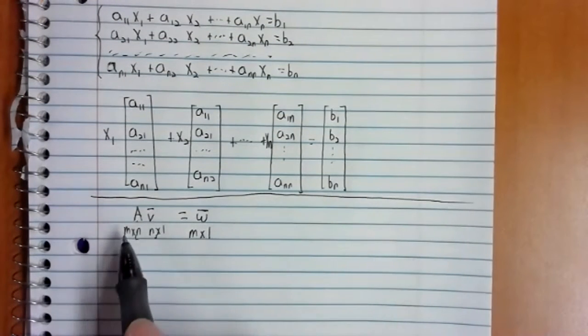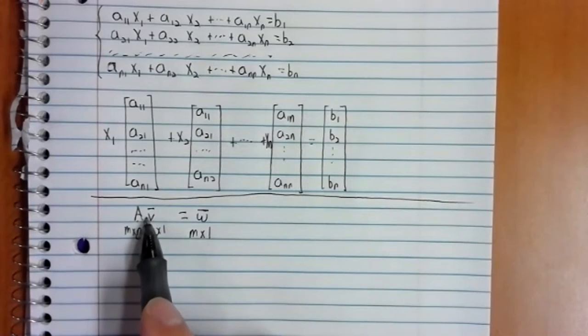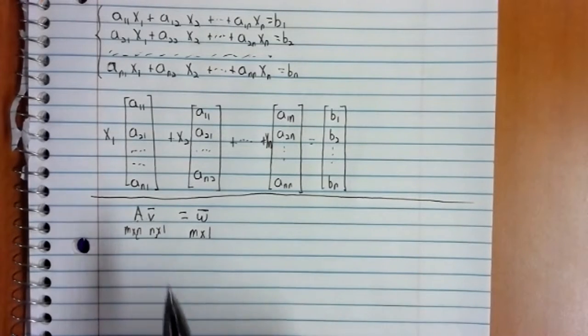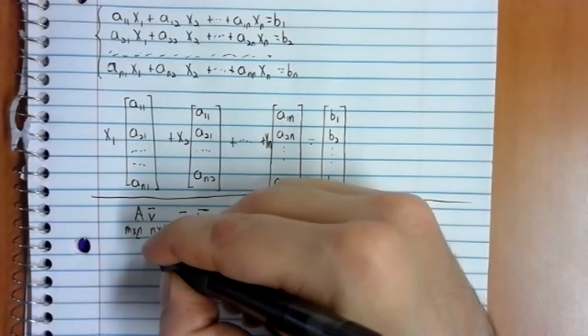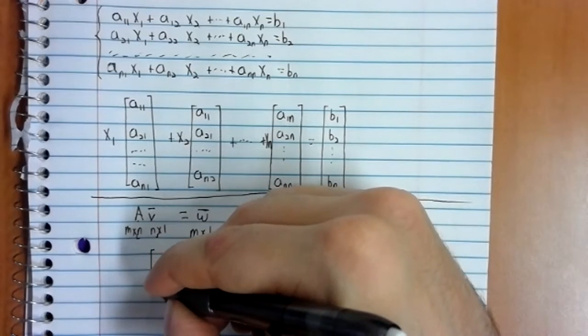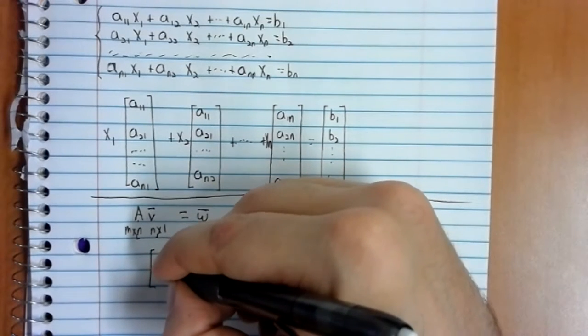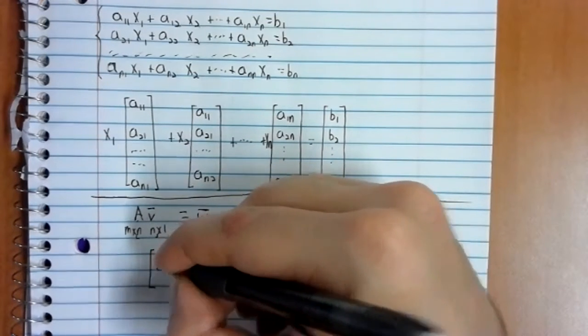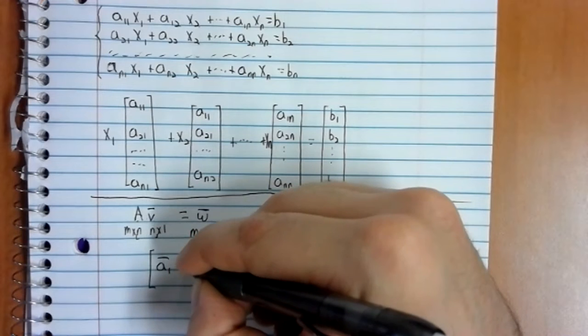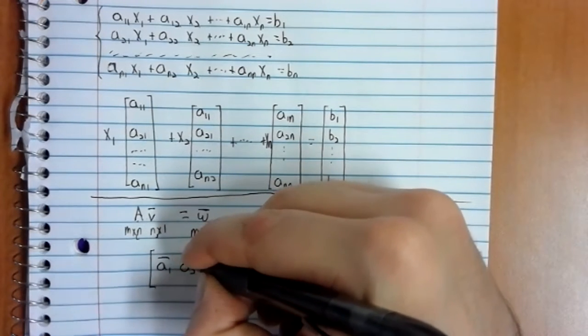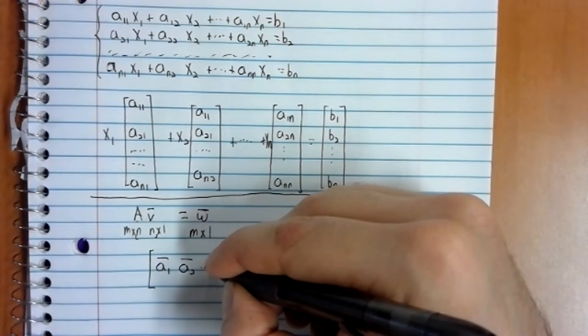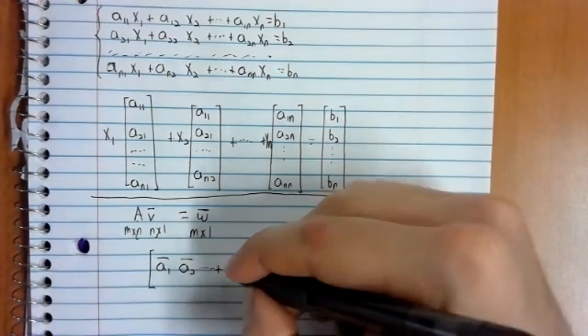So think of the matrix A as a bunch of column vectors sitting next to each other.